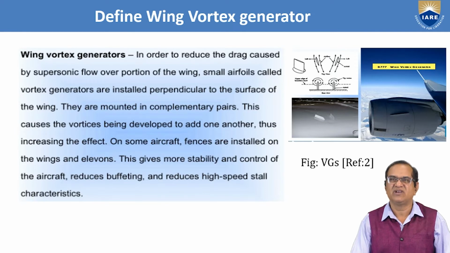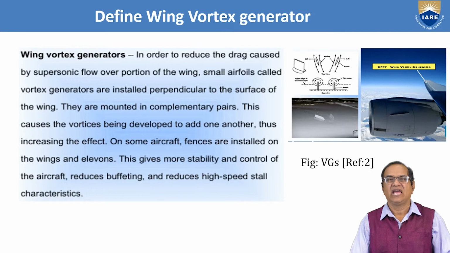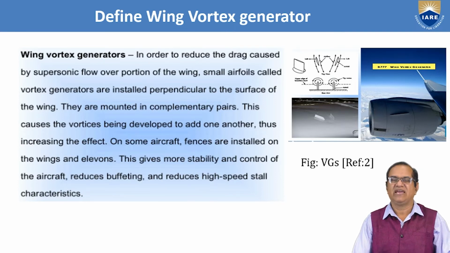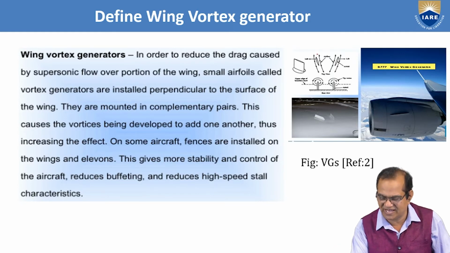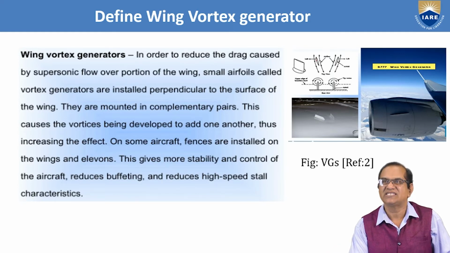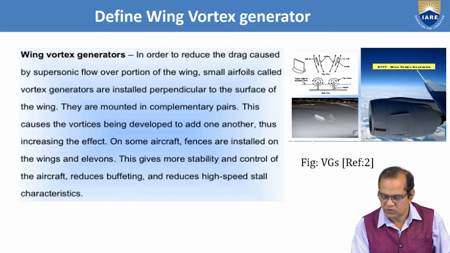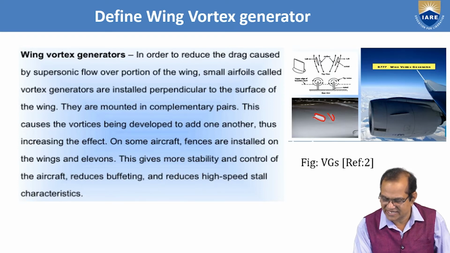On some aircraft, fences are installed on the wing and on ailerons. This gives more stability and control of the aircraft, reducing buffeting and improving high speed stall characteristics. You can see the diagram here: the airfoils are like this, air enters from this side, and they are made like this.